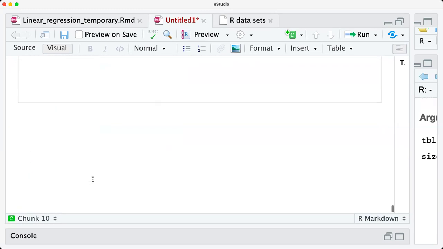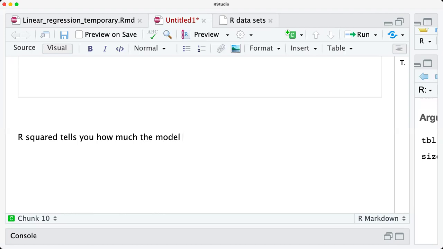So this R squared is simply, and this will always be true, this R squared tells you how much the model with beta 1 is better with respect to the model with only beta 0.